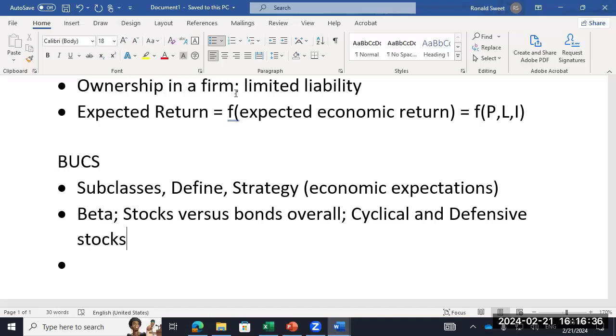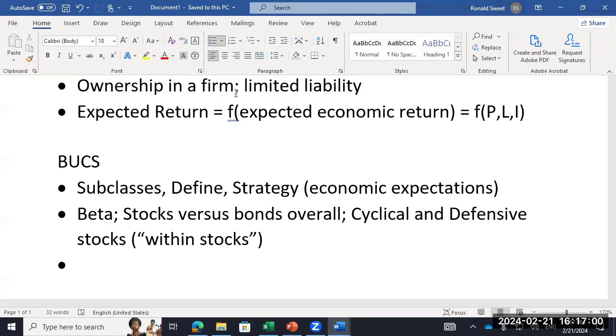Here, the key is you're going to use the phrase "within stocks" on the tactical question. If I tell you we're expecting a recession, you don't want to say we want to overweight defensive stocks. You want to say we want to underweight stocks, but within stocks, we want to overweight defensive. Everybody hear all of that?